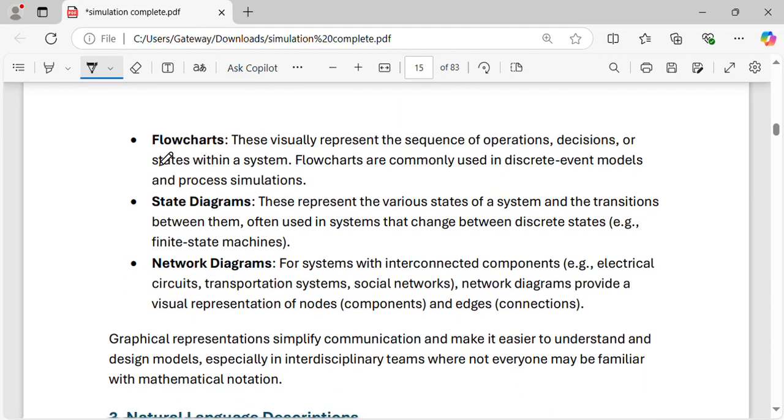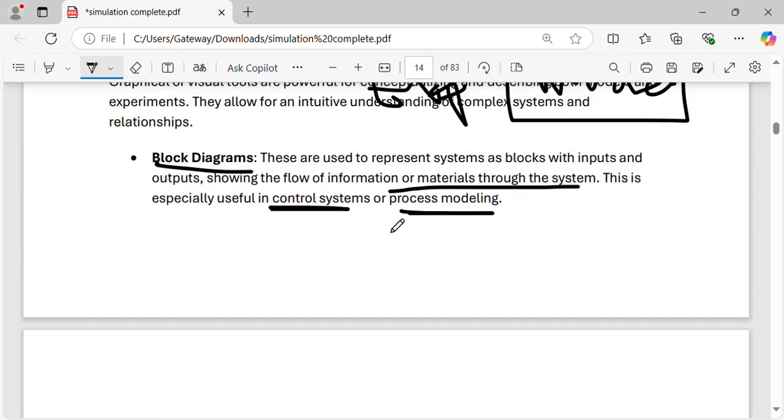You can use flowcharts, they visually represent sequence, and they are commonly used for discrete event models and process simulations. So we talked about block diagrams being used for process modeling or control systems, like an electric circuit where you can turn on or turn off.